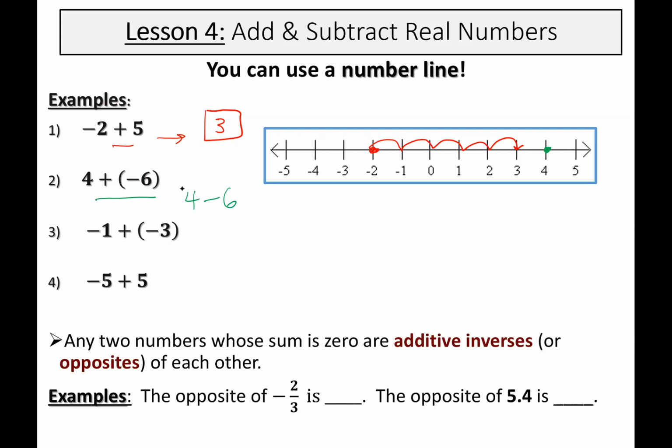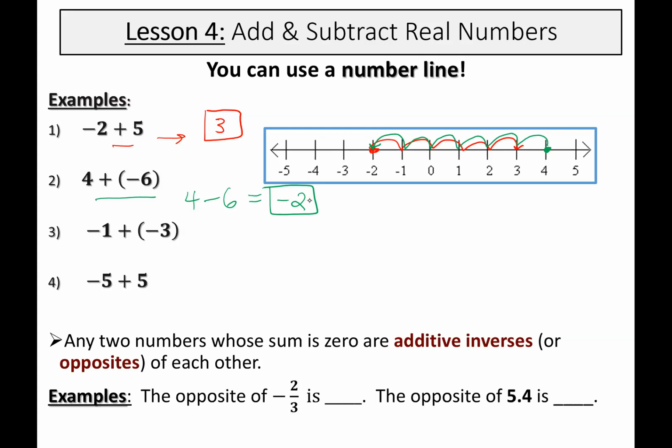I would start at 4 on the number line, and then I would go 6 to the left. 1, 2, 3, 4, and now I'm at 0, 5, 6, and I've ended up at -2. So notice that my answer was negative for that one. So the problems we've seen so far, -2 plus 5, we got positive 3. 4 plus -6, we got -2.